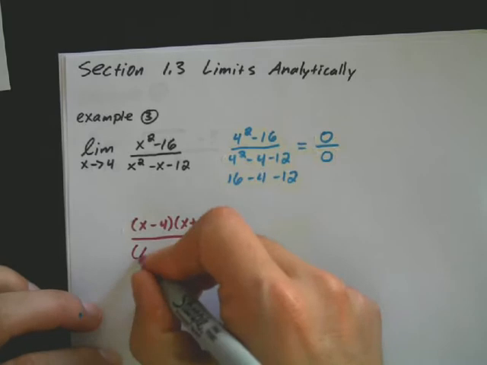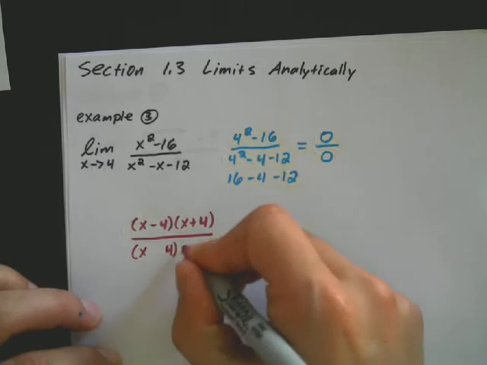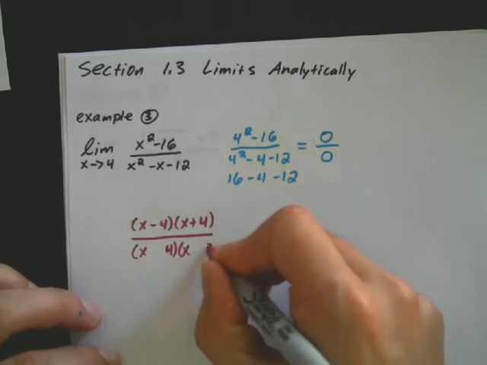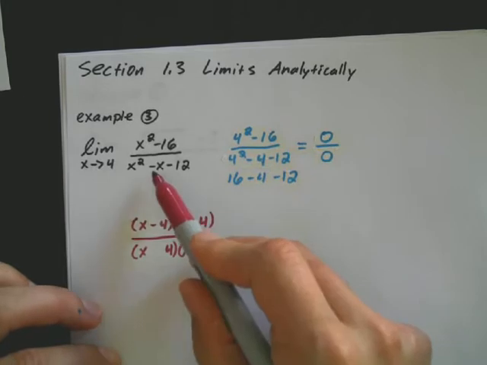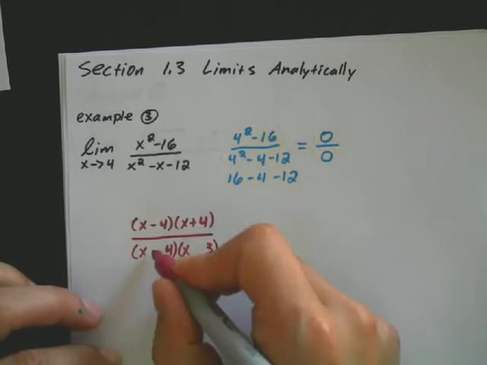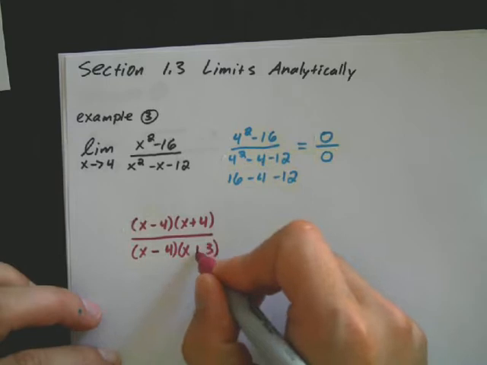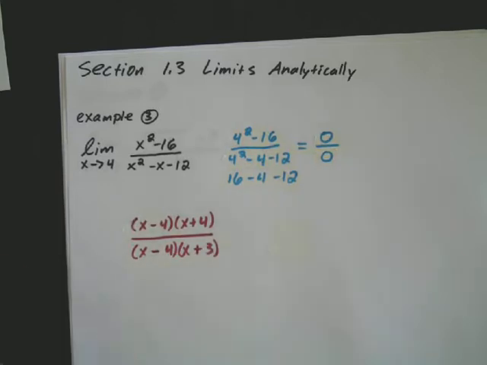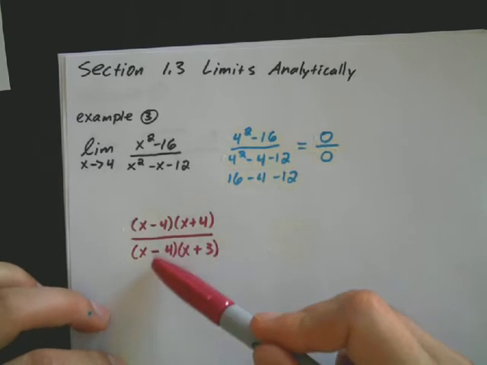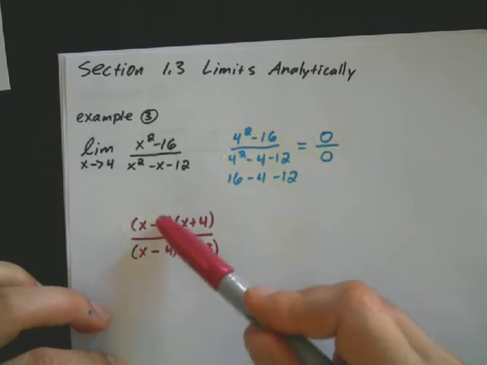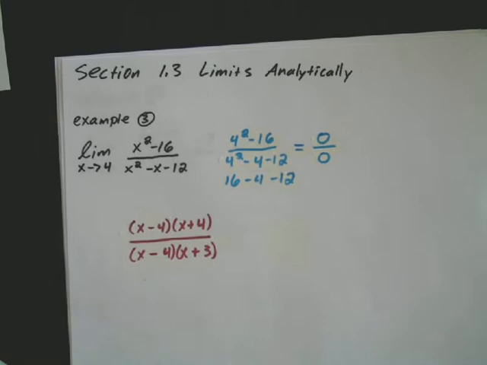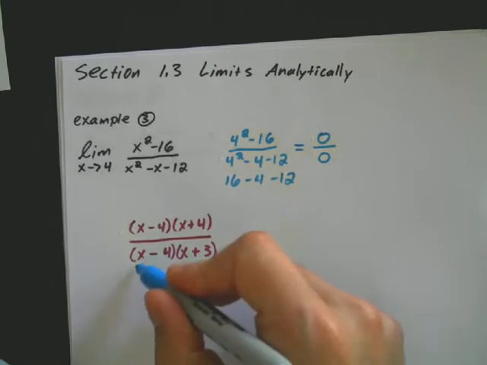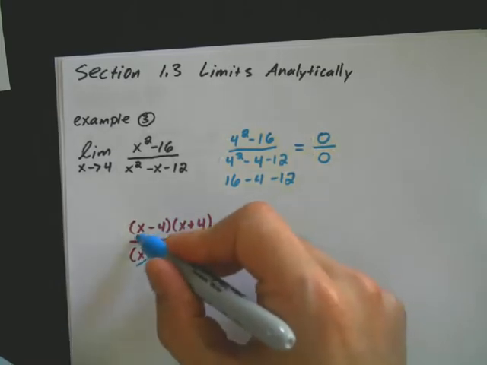So x and 4, x and 3. And in order for this to be a negative 1, the 4 has to be negative, which makes the 3 positive. And at this point, it's obvious that I have x minus 4 in common in the numerator and denominator. So I can reduce them.